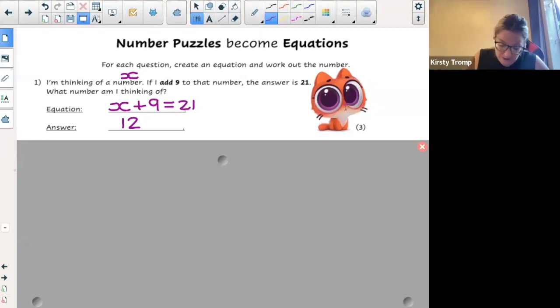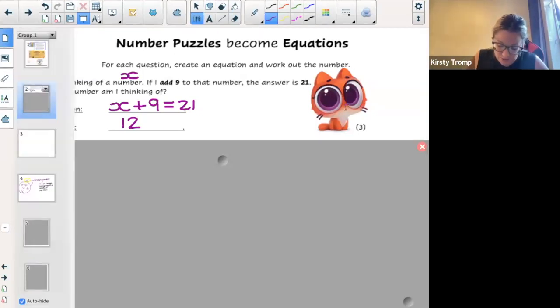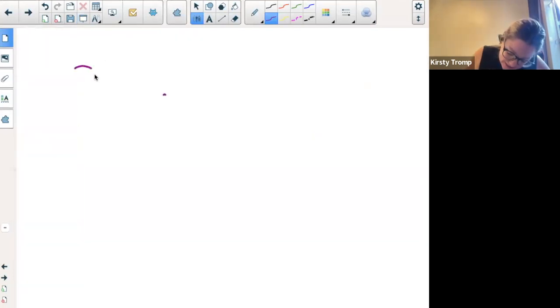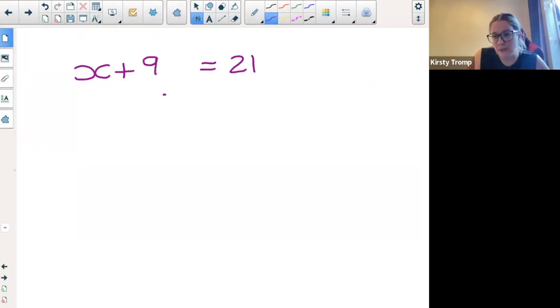I want to take us to another page quickly. So I had X plus 9 equals 21. That's what the sum was, hey guys? X plus 9 equals 21.